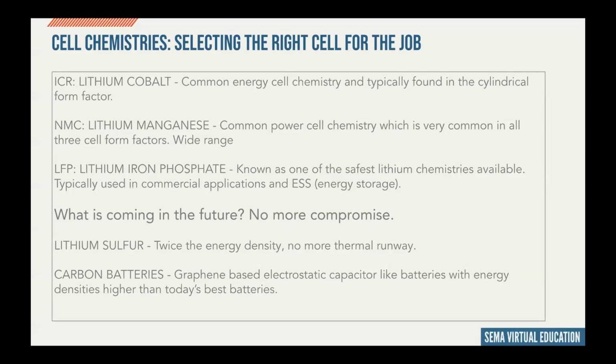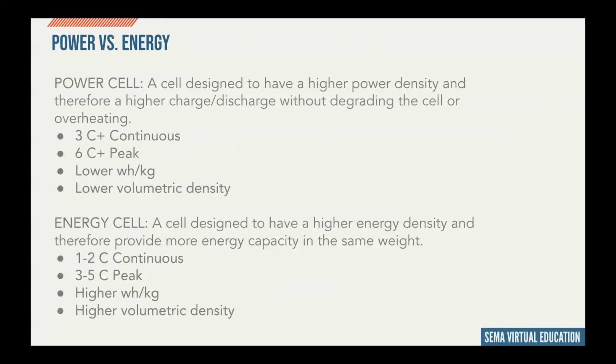There are some hybrid cell chemistries that combine as best as they can the benefits of energy density and power density. But typically you pick a cell chemistry that by its rating delivers a high amount of power for high power or performance applications, or for applications where range is the primary objective, you pick a cell type or chemistry that has a high energy density.